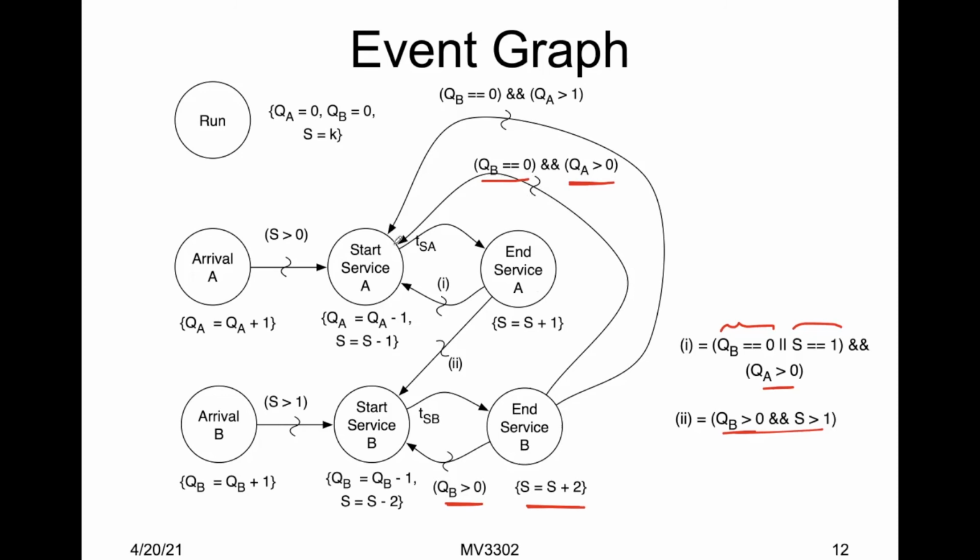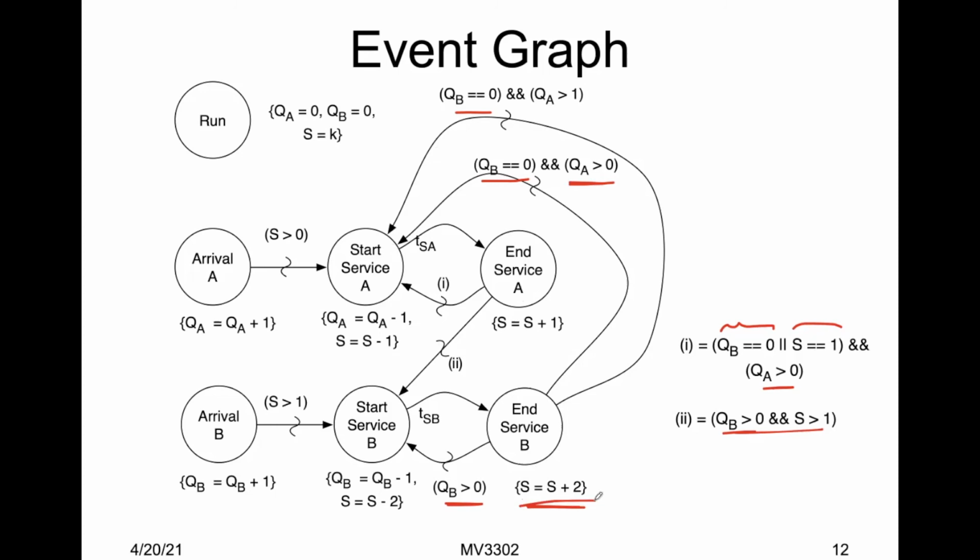But if there's no B, what if we finish service on a B and there are two in the queue of A, but none in the queue of B? Well, in that case, we can also schedule a second start service on A. In other words, when we finish service on B, we have two available servers.